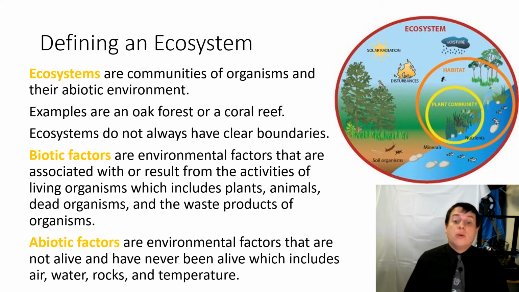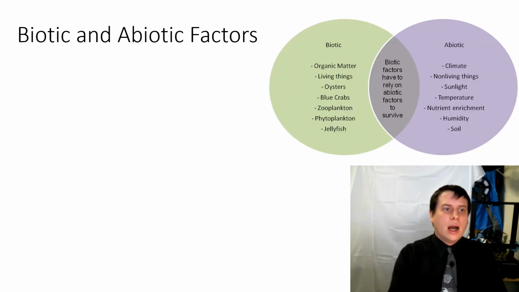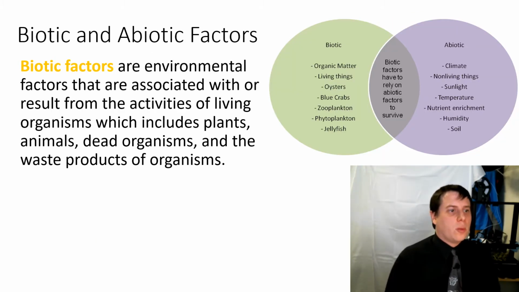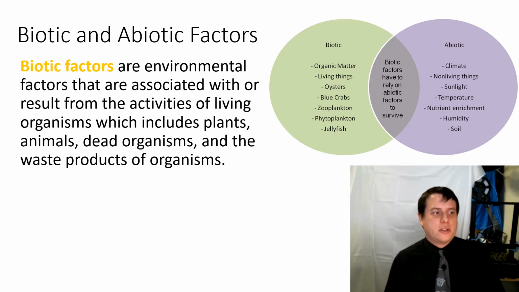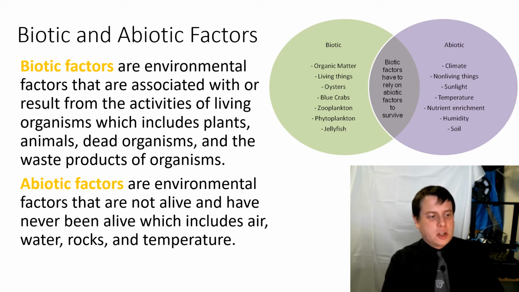Okay? Now, the abiotic things can be used by living things, like you can drink water. That doesn't magically make the water come to life, okay? That just means that you are using that water in your biological processes, all right? So remember, the biotic factors are environmental factors associated with living things and are the result of their activities. Abiotic factors are the non-living things.